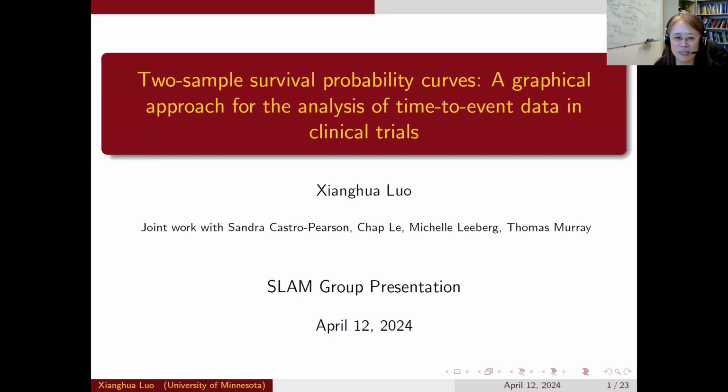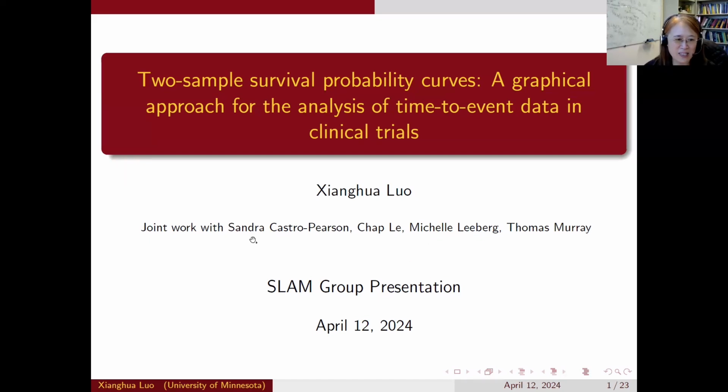So many topics were worked out with students and sometimes co-advisors as well. So for today's talk, it's a joint work with my former PhD student, Dr. Sandra Castro-Pearson, and Professor Chap Lee, who just retired earlier this year, and Ms. Michelle Lieberg, my current PhD student, who is co-advised with Dr. Tom Murray, because Tom Murray is a Bayesian expert.